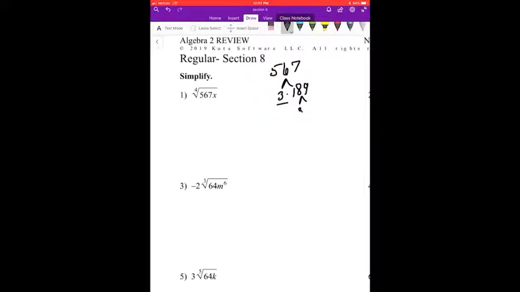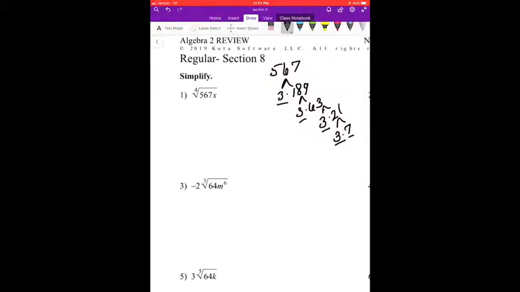It does. 3 times 63 gives me 189. 63 divides by 3 to give me 3 times 21. 3 is prime. 21 has factors of 3 and 7. They are both prime. Okay?